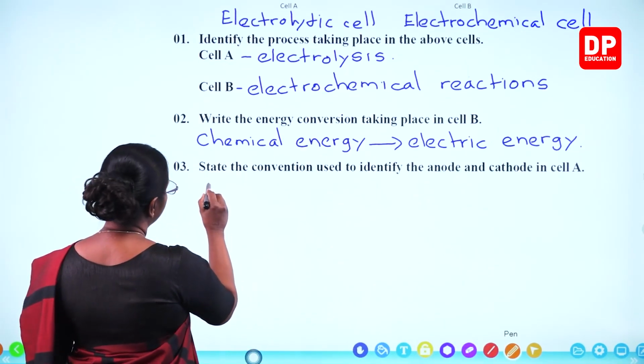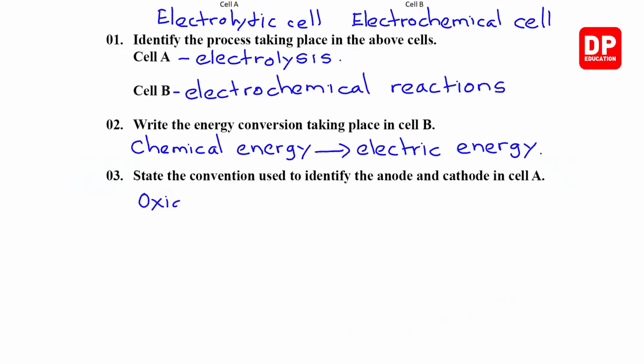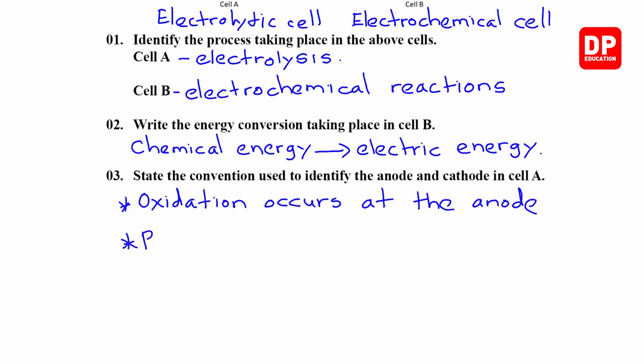So there, oxidation occurs at the anode and reduction occurs at the cathode.